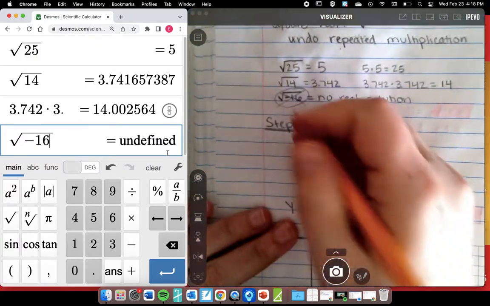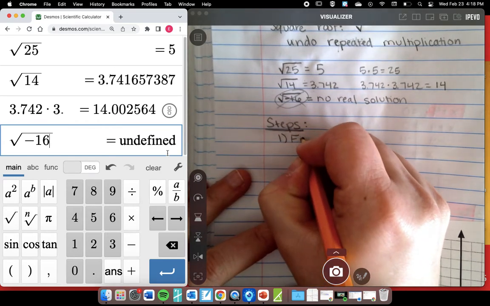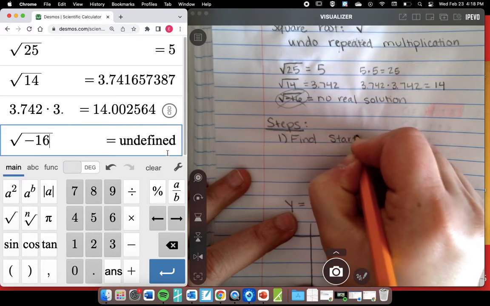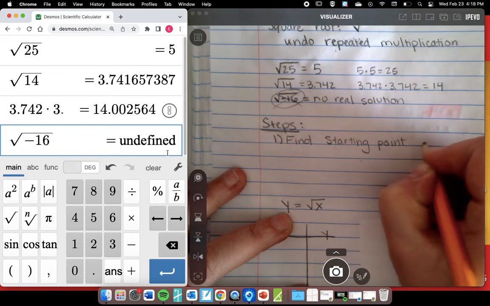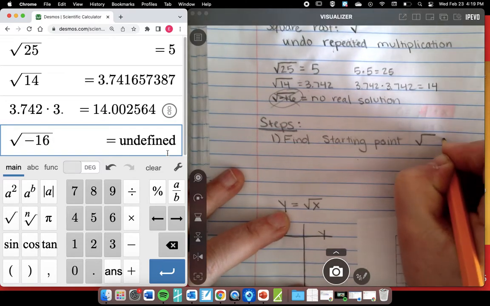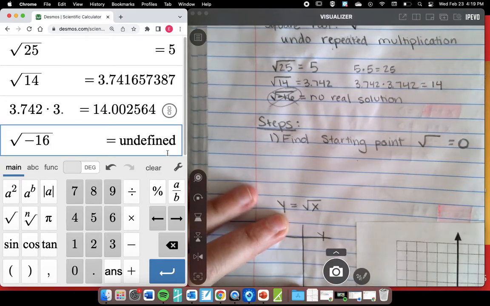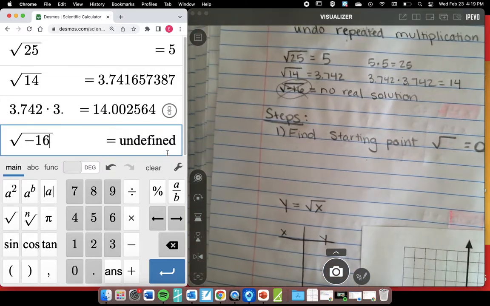So step 1 is to find the starting point, which is when the square root equals 0, because we can't have a square root that's negative.